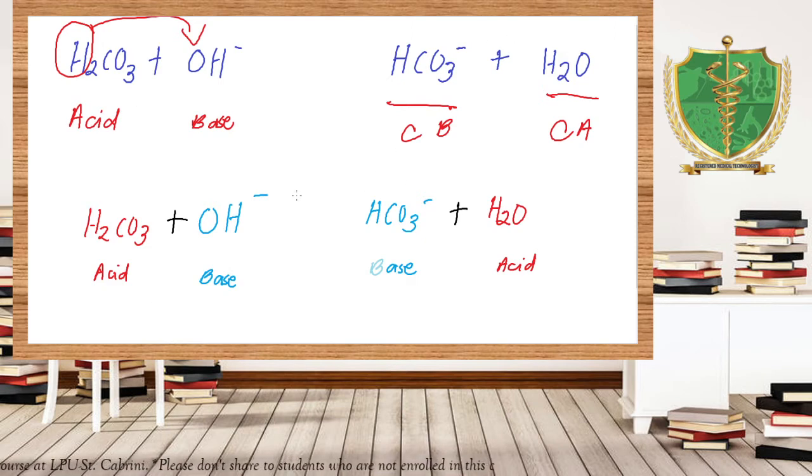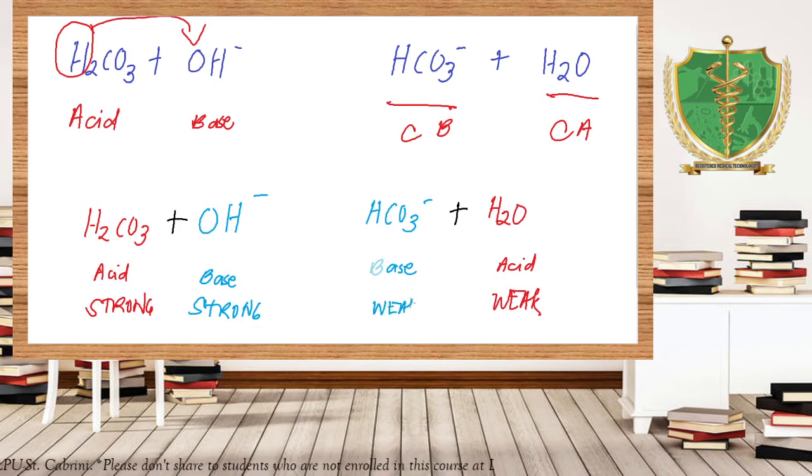So in this case, this is our strong acid. Definitely, this is our weak acid. And of course, strong acid reacts with strong base. This is our strong base, and this is our weak base.